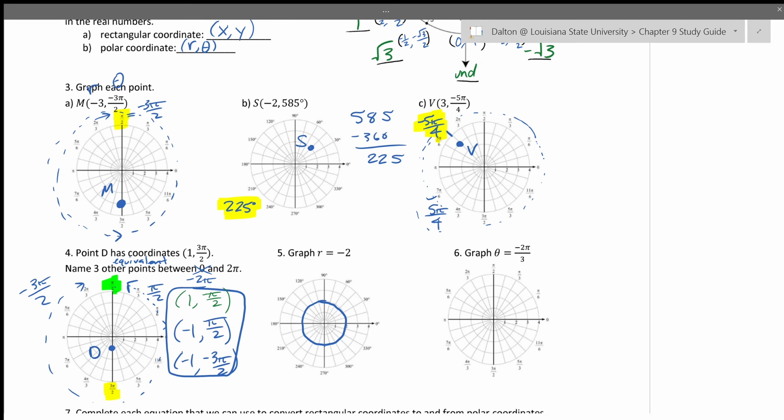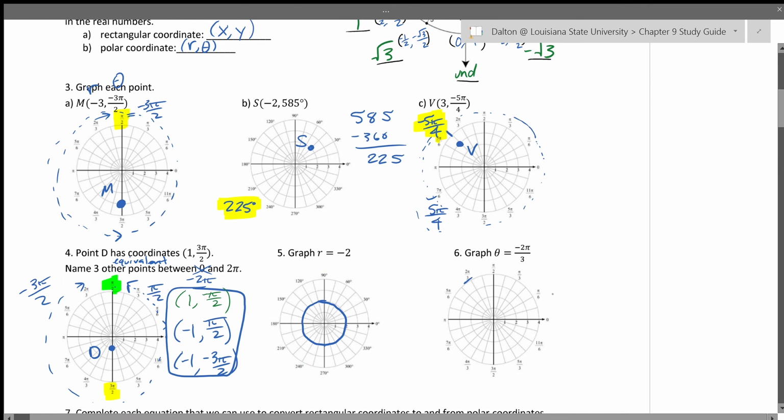Same idea for number 6. I want you to think about what this means. Graph theta equals -2 pi over 3. This is saying I want the representation of all the possible equations where theta, our angle, could be -2 pi over 3. The first thing to make sure of is to locate where that angle is. Notice positive 2 pi over 3 is right here. So if I start at 0, that would be positive 2 pi over 3.